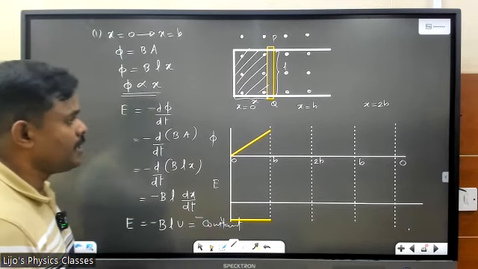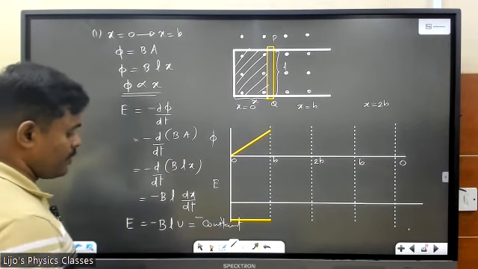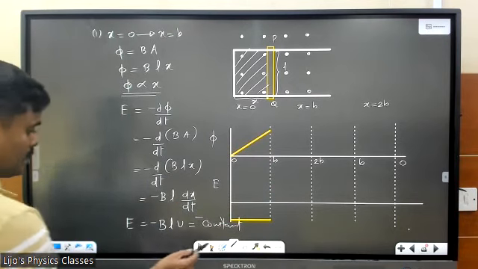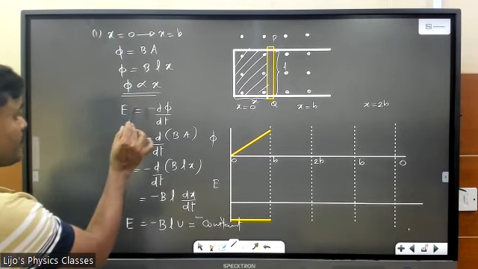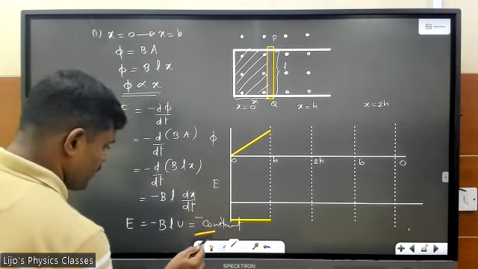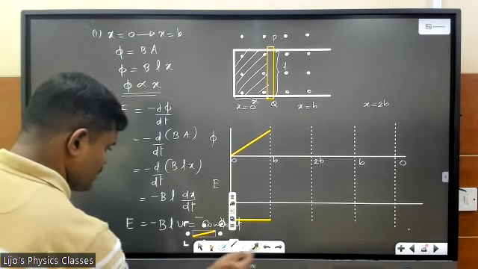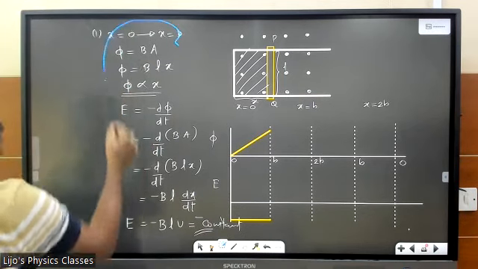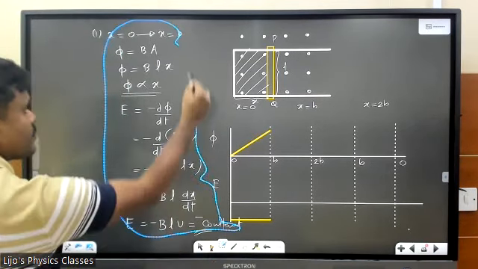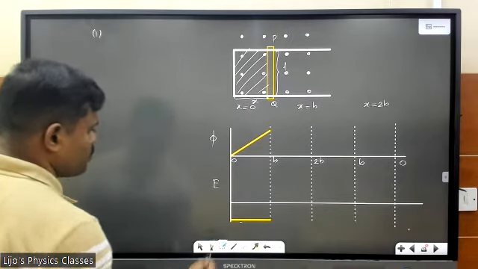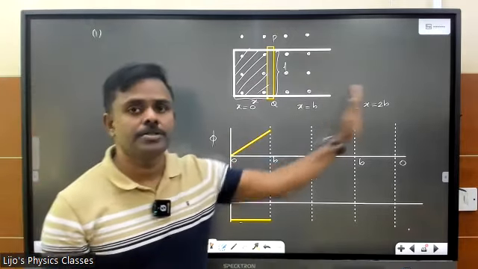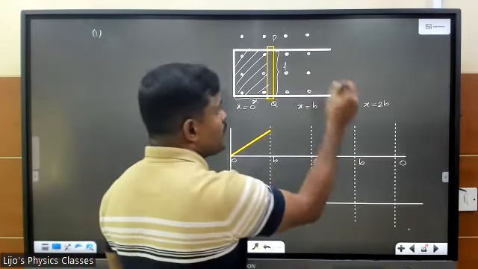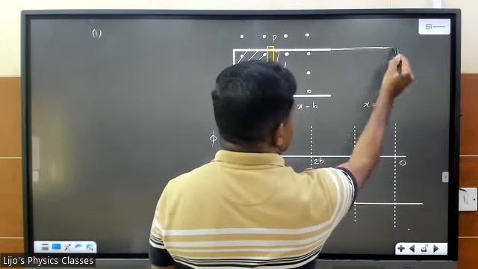Now moving to the second part. So this is the equation for EMF and the equation for flux in the first part. The second segment is from b to 2b, which means the conductor is moved outside the magnetic field.